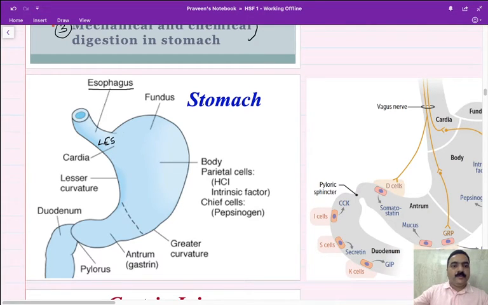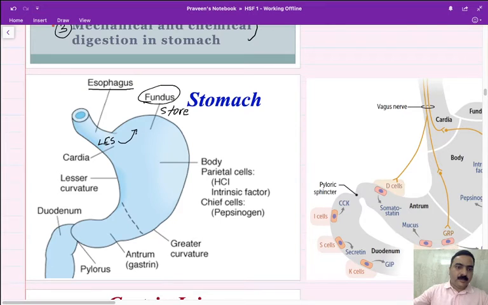Once it comes to the stomach, the initial movement of the food is towards the region called the fundus. The major role of the fundus is to store the food. As soon as the food comes, it is stored in the fundus by a process called receptive relaxation.